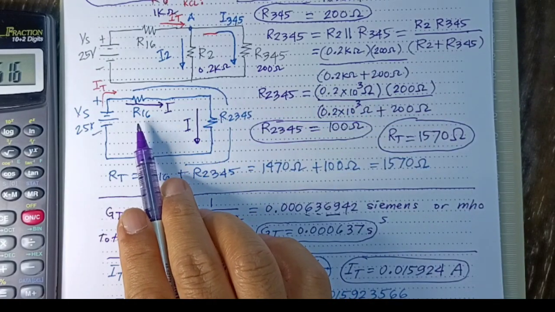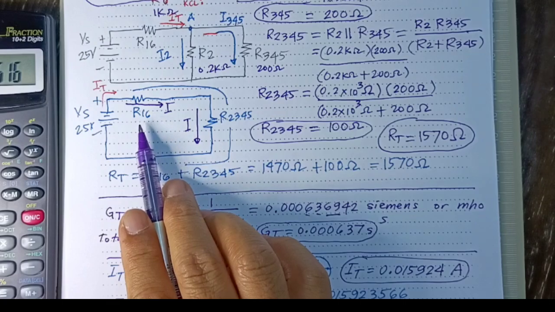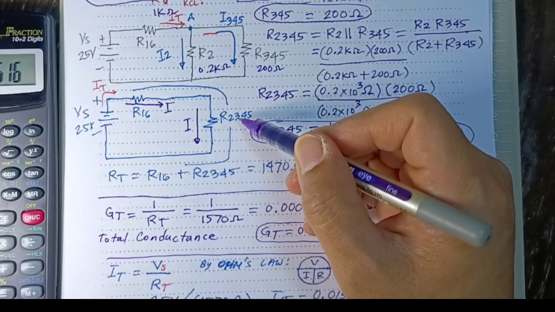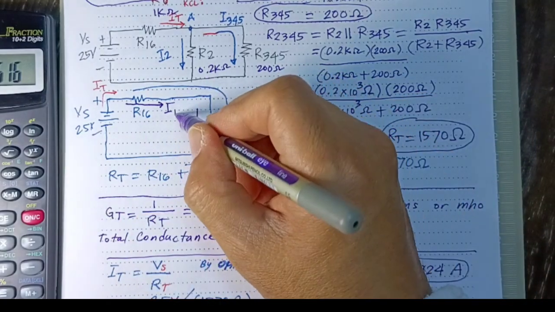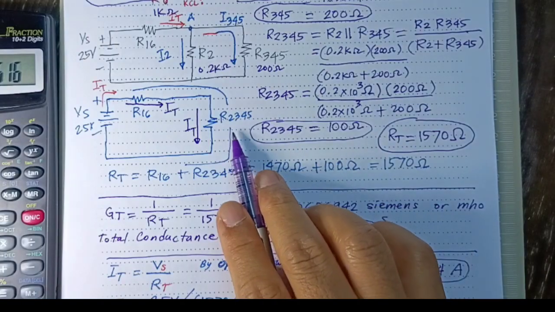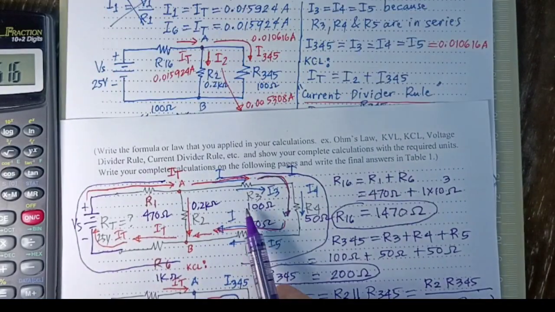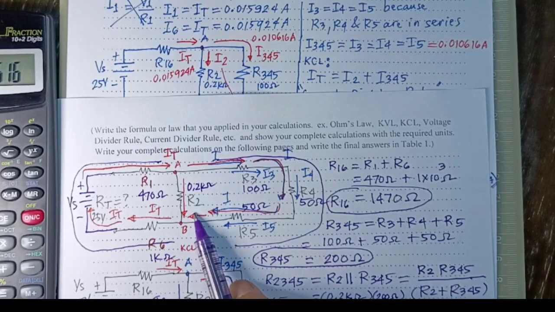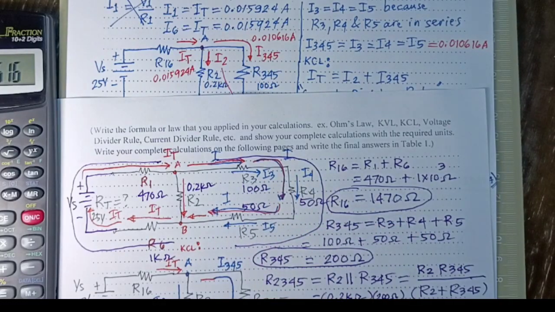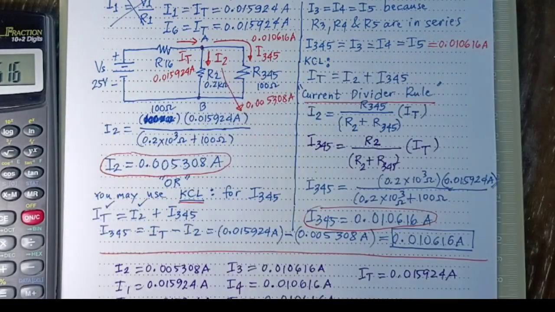This is the combination of R1, R6. So I1 and I6 are equal, and the current total for 2, 3, 4, 5 will also be equal to I total. But this one is not series, right? R2 is not in series with R345. R2 is parallel to the series of R345. That's what will happen there.